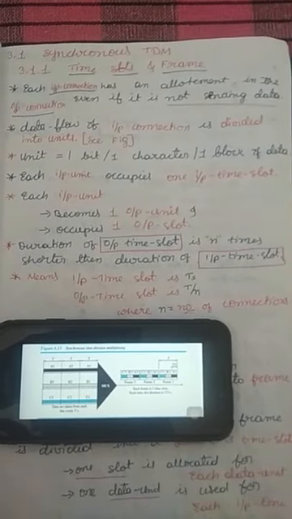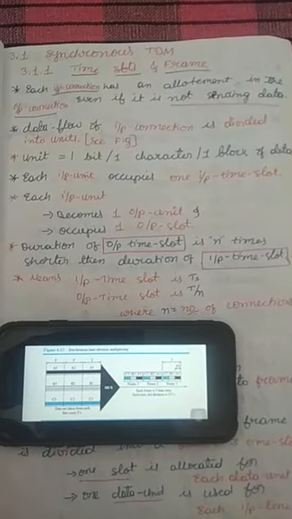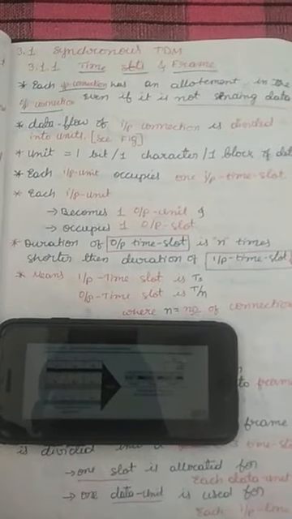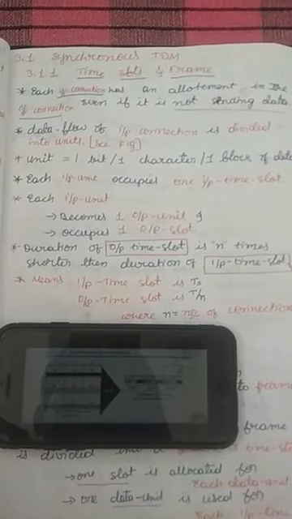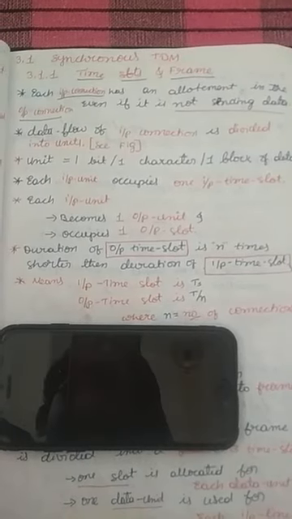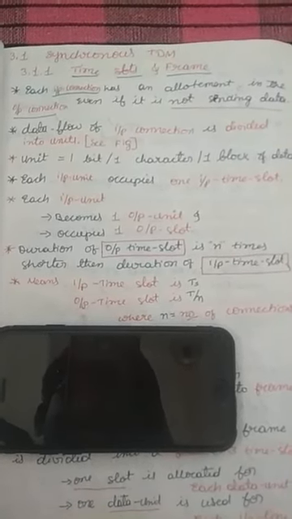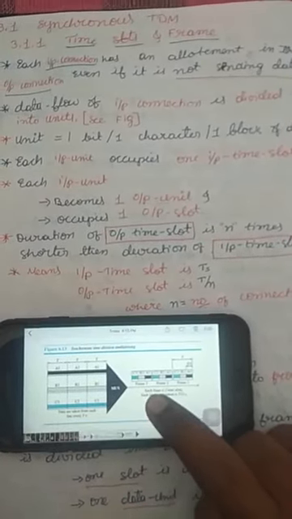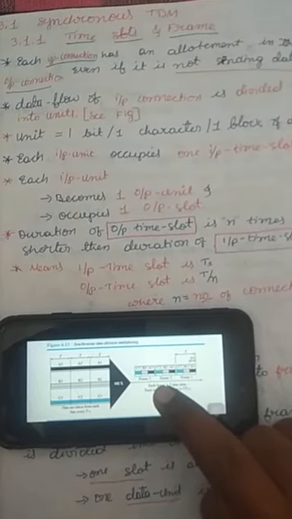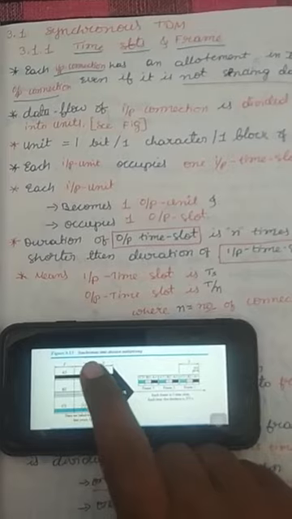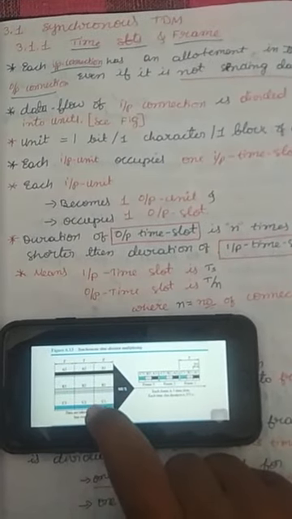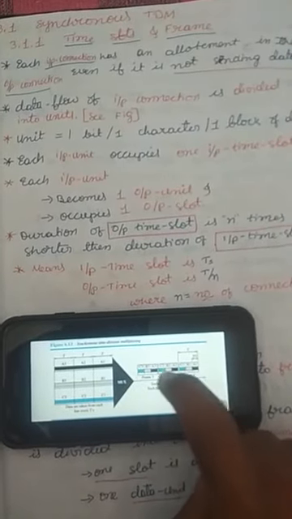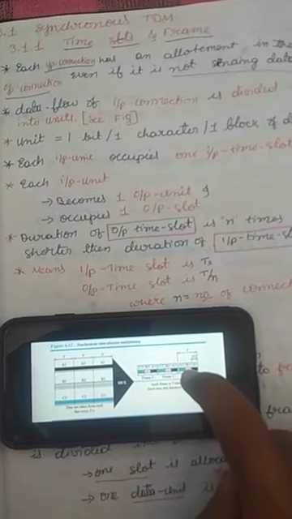What is meant by time slots and framing? Observe here, each input connection has an allotment in the output connection even if it is not sending data. This is the diagram of time slotting and framing. Here these are 3 input connections, and this is the output connection.